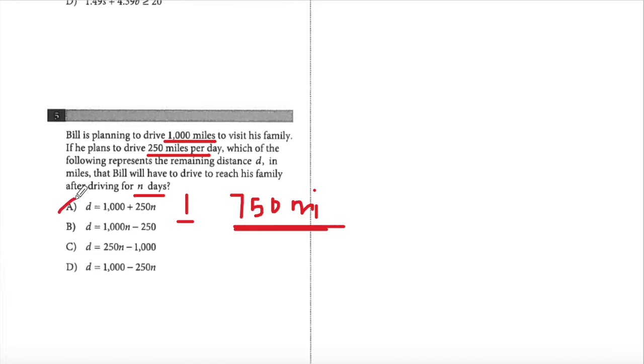So this one doesn't make sense, right? That obviously wouldn't make sense. And 1 over here wouldn't make sense either. So we're left with two choices: B and D. We get 750. Now let's try 2 days. After 2 days, each day he drives 250, so 250 plus 250 is 500. So 1,000 minus 500 is 500 miles.